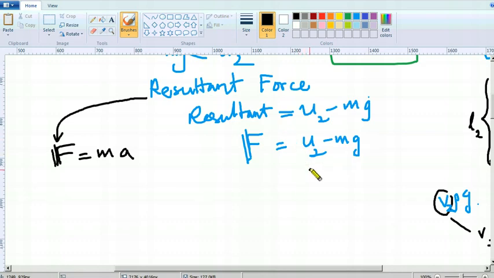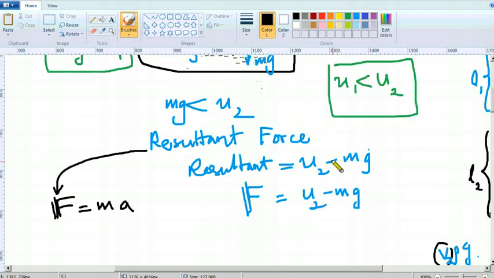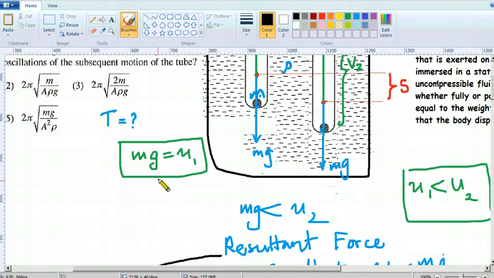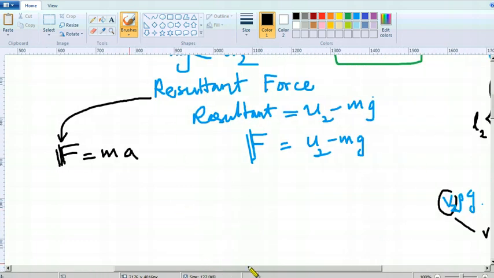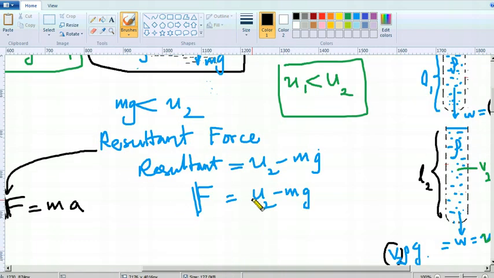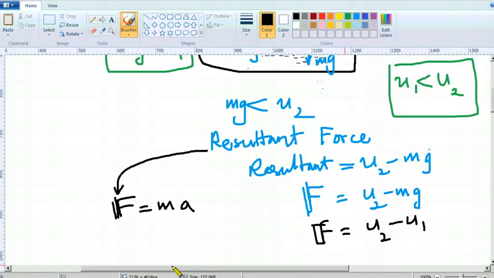So before substituting, we can simplify further, because we know mg equals U1. So instead of mg, we substitute U1 here, like this. So F equals U2 minus U1. So we can substitute it here.